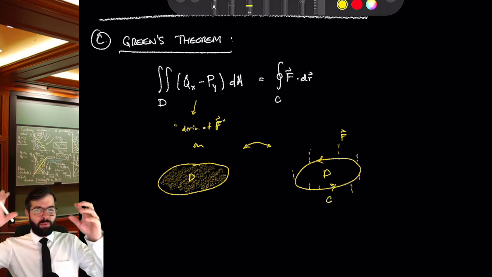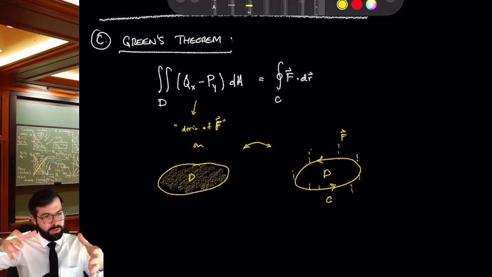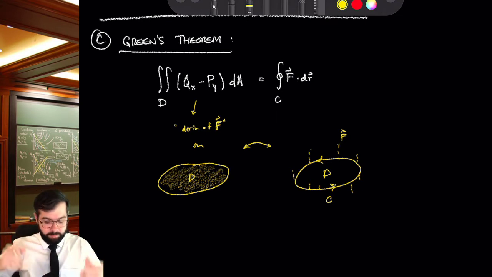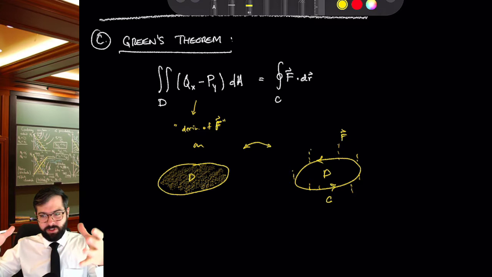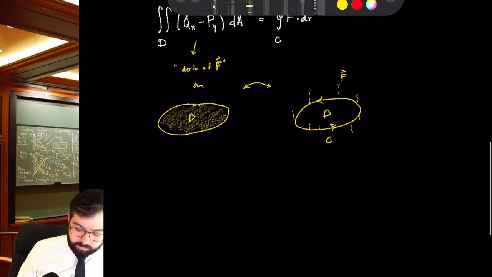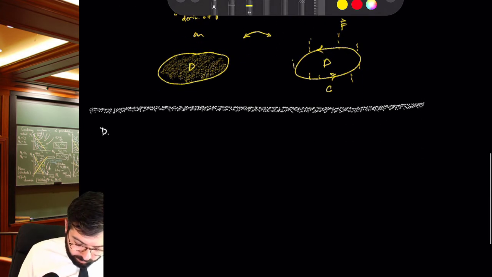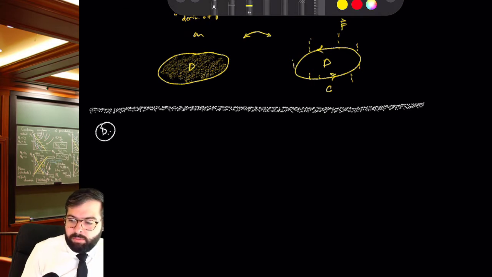So again, boundary points moving from endpoints to a boundary curve around a region, so the exterior values telling us about what's happening on the inside. There is an equivalent form of Green's theorem, which I hope to show you how we get.